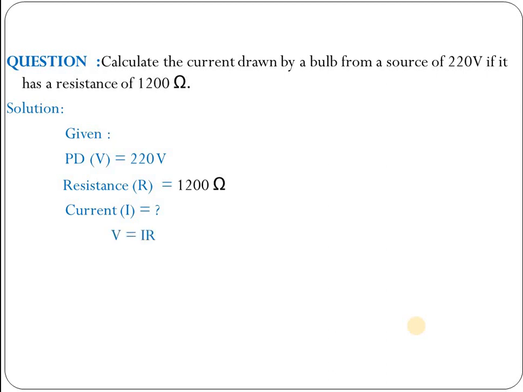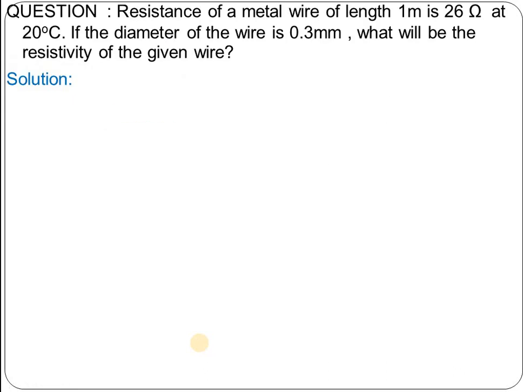Since we have to find the quantity I, we will write this formula the other way. IR is equal to V, which gives I is equal to V upon R. Putting the values of V as 220 and resistance as 1200, we get the current is equal to 0.18 ampere.